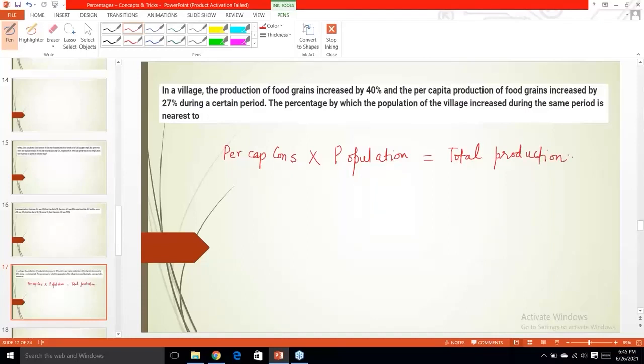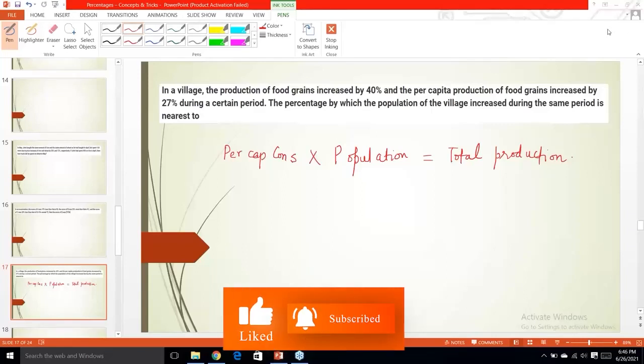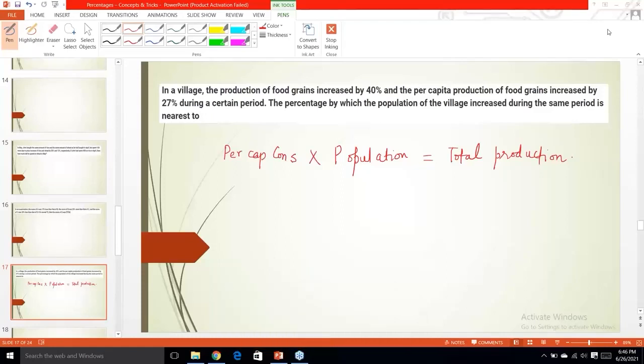Per capita consumption into the total population is the total food grain production. Any doubts to anyone in this part? Is this part clear? This formulation?